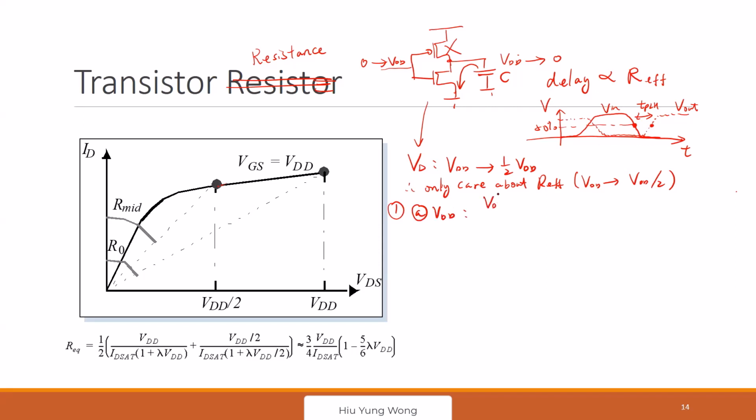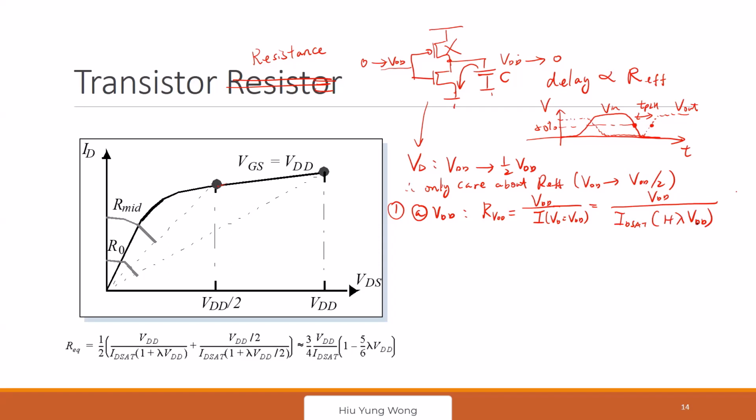The resistance, I call it R at VDD, is equal to VDD divided by I when VD equals VDD, right? But what is I at VD equal to VDD? Here I just say it is equal to I saturation times 1 plus lambda VDD.